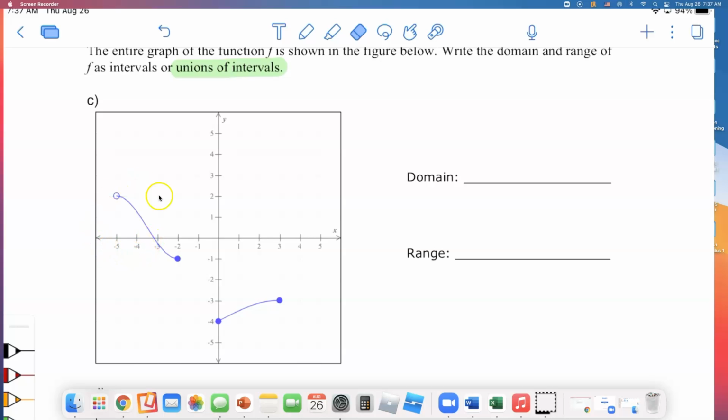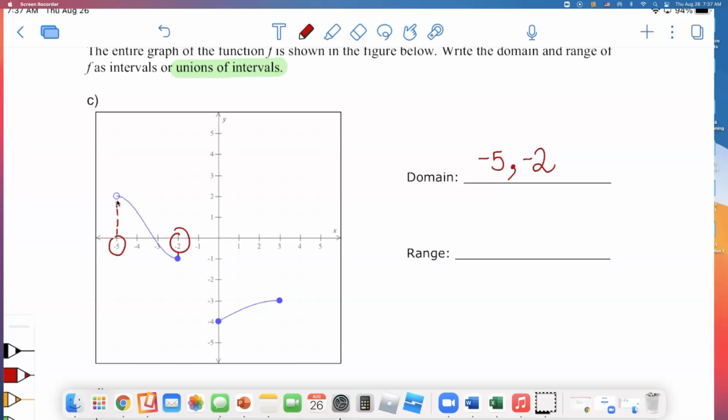How far does this picture go to the left? This is the far left point, and I can see that the number is -5. So when I write the domain, I'll go ahead and say -5, comma, because that's where it started on the left, and it stops right here at -2.